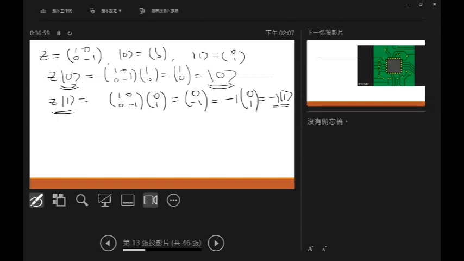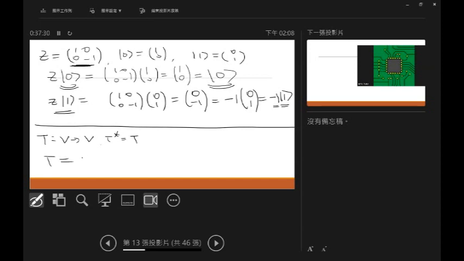So why are we talking about this? Now Z is a 2 by 2 matrix, and we already found the two eigenstates. This is why last week I talked about spectral decomposition. Let me recall the linear algebra: if I have T from V to V that is Hermitian, then I can write T as the sum over j from 1 to n of lambda_j times the projector onto the eigenspace, where the lambda_j are the eigenvalues.